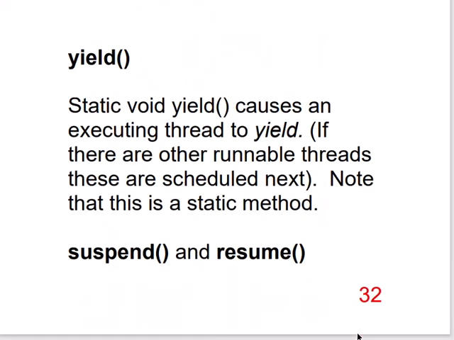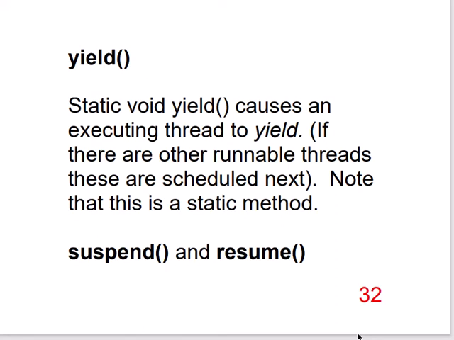yield, it's a void. It doesn't have a return value. I'm saying it's a static method, and I'm afraid you'll have to wait for a bit of an explanation of what the static prefix means. But for the time being, it just means that it's a class method.